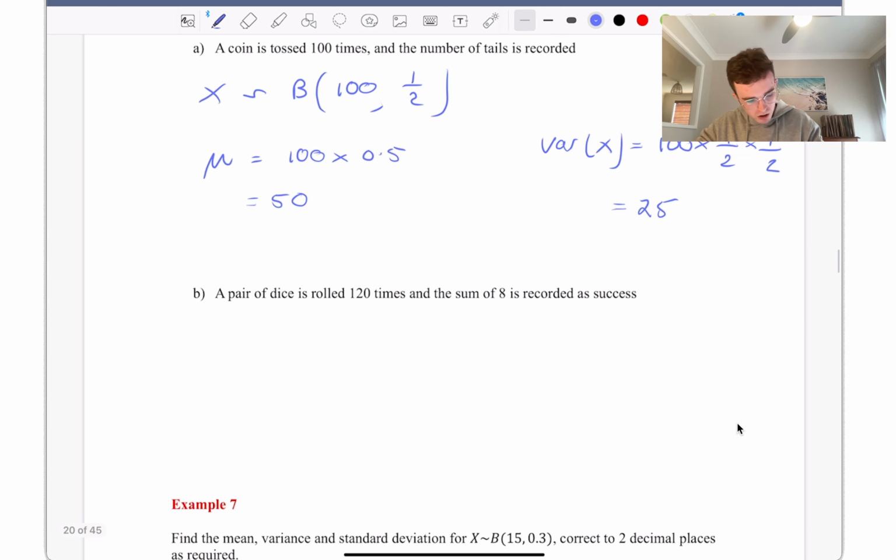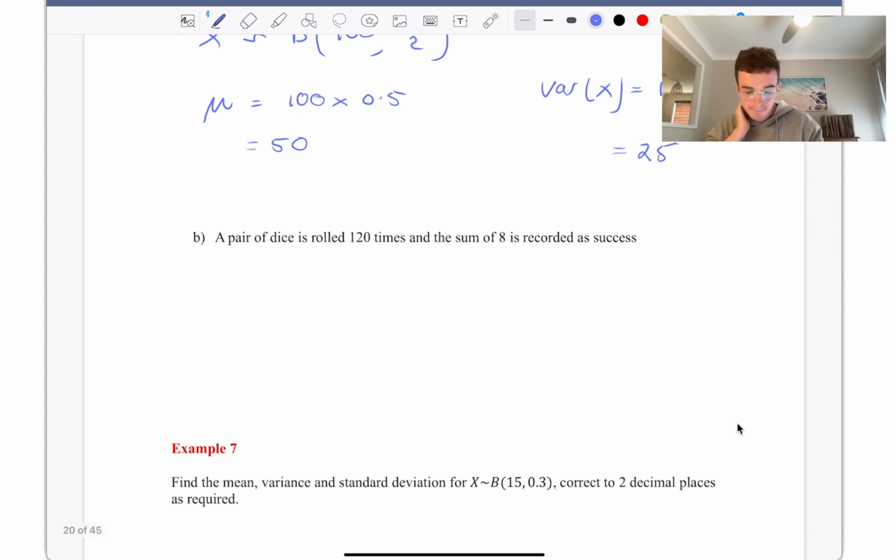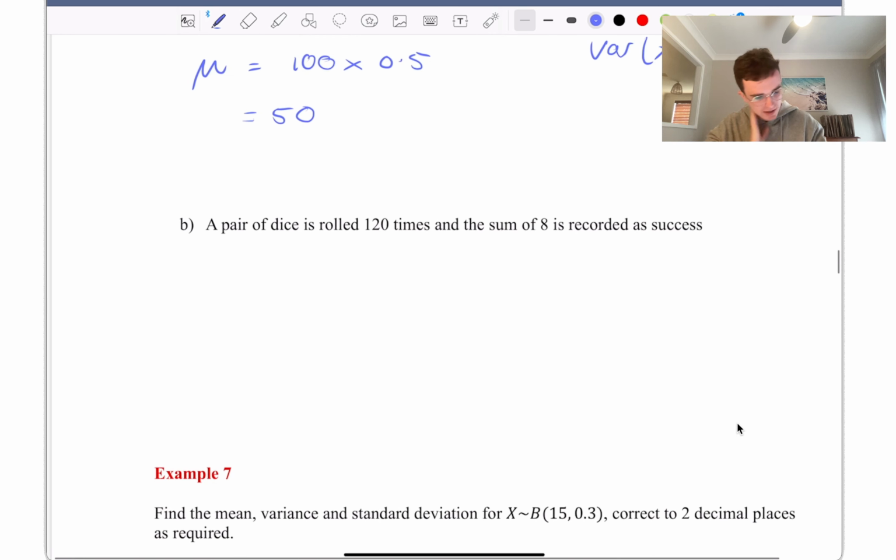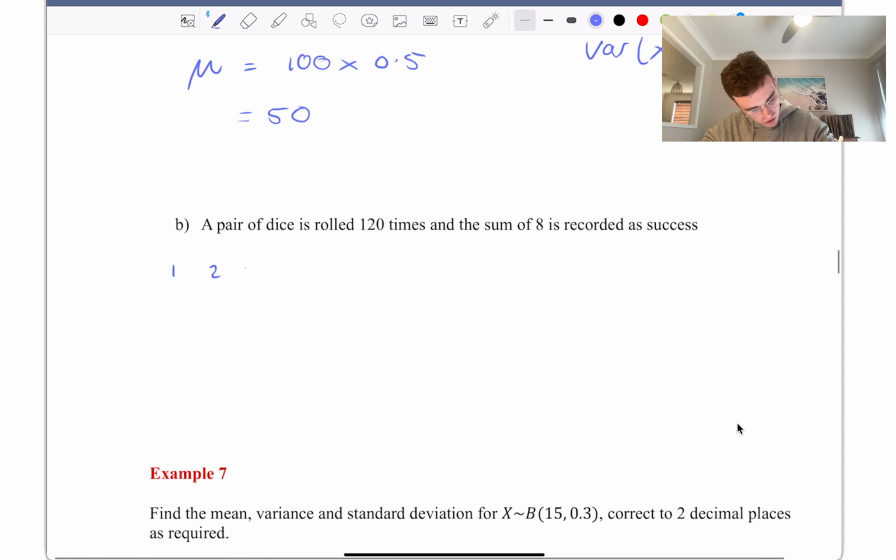A pair of dice is rolled 120 times, and the sum of 8 is recorded as a success. Oh, that's tricky. We might have to make a little table here. 1, 2, 3, 4, 5, 6 along each side. Let's look at these sums.